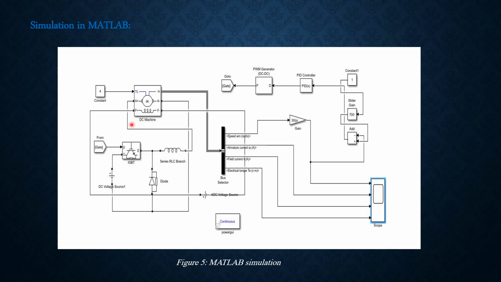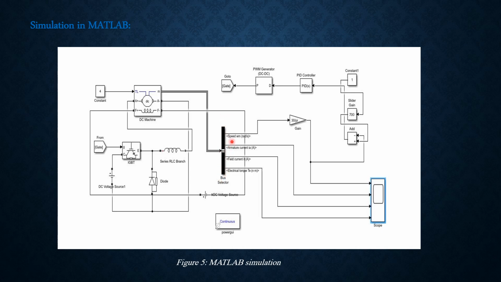We have an IGBT here, and we have a gate and a series RLC branch. We have a diode and a DC voltage source. And we have a bus selector to see the speed, and it has variables to get the output.